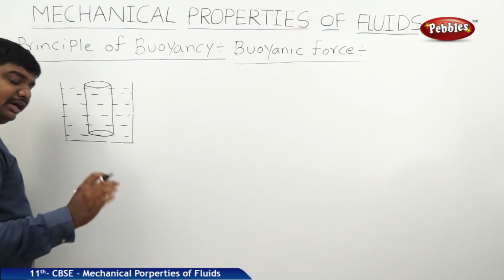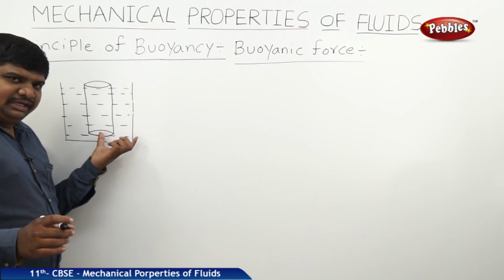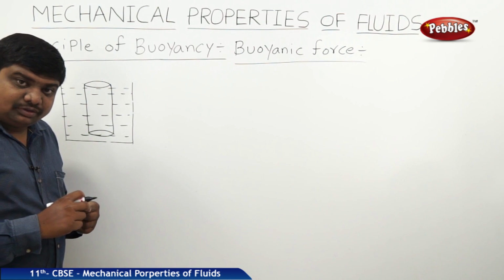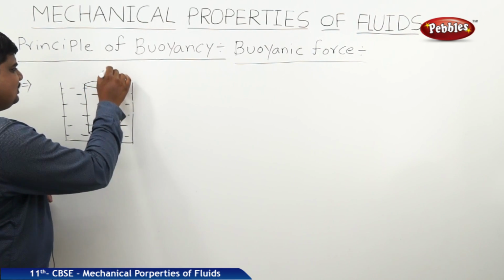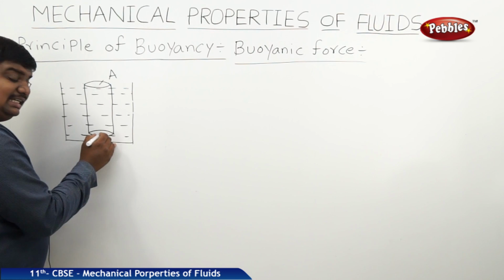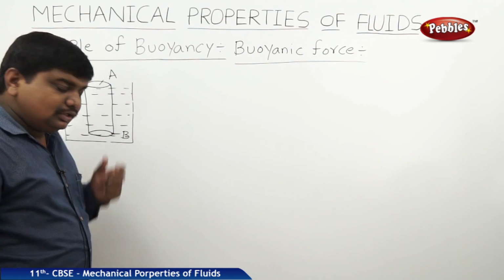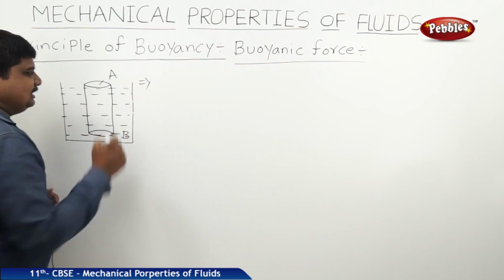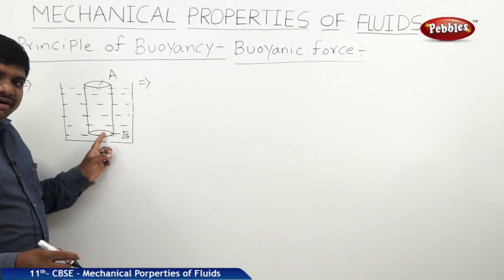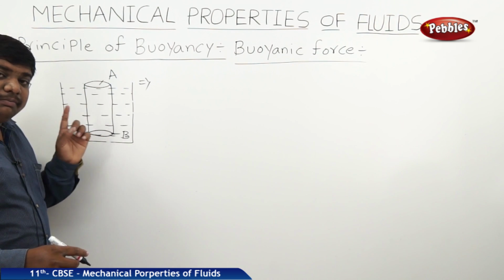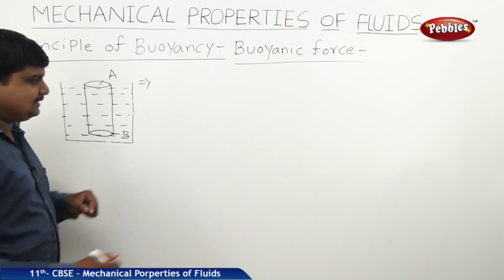So a cylindrical body was immersed in this fluid in a vertical position. We know that this is the top surface A, and the part which is under the fluid is the bottom surface B. So when we see this situation, the bottom surface of this body experiences more pressure than the top surface.